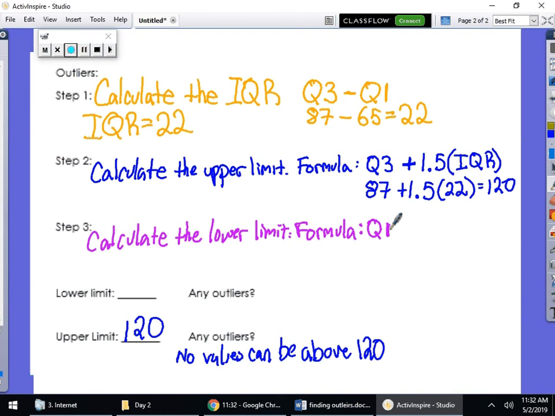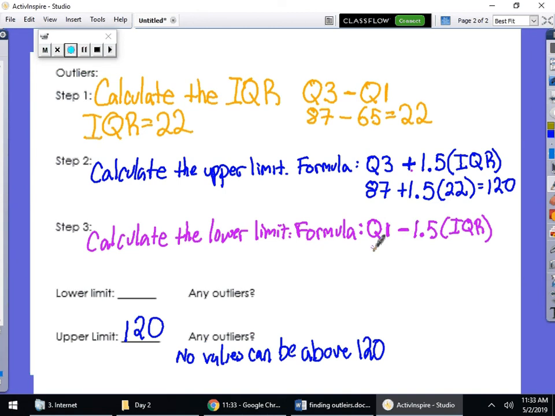Now it's the lower limit, so we can't go lower than this, so we are actually going to subtract 1.5 times the IQR. So notice how with the upper limit we added, with the lower limit we're subtracting.